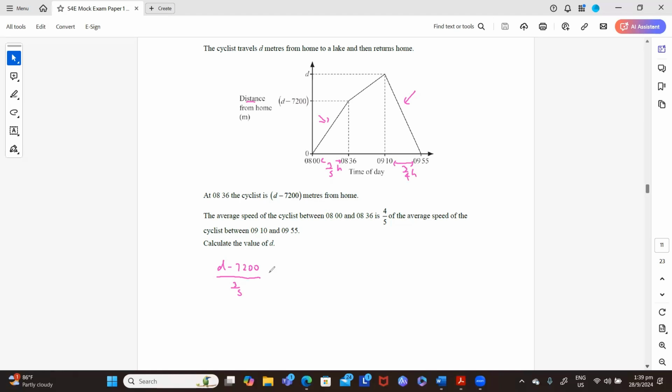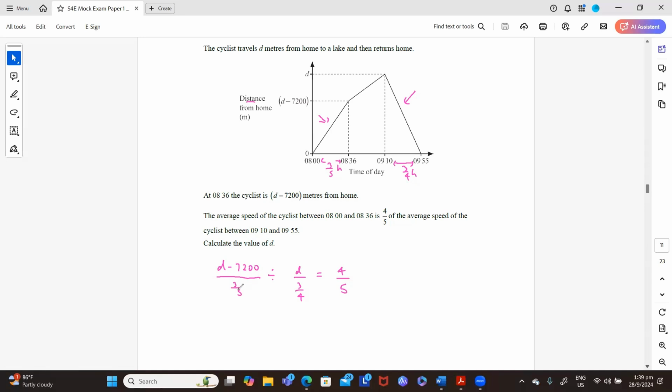I don't want to put so many fractions over another fraction. So instead of writing like that, I'll just put divide by the gradient over here, which is d over 3/4. This will give me 4 over 5. Before you do anything with the division turning to multiplication, focus on this.